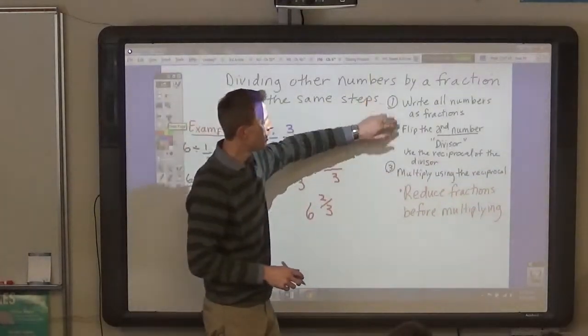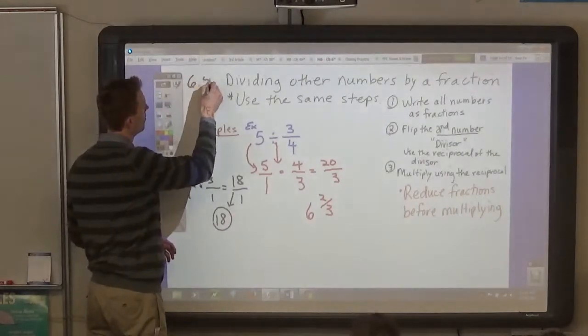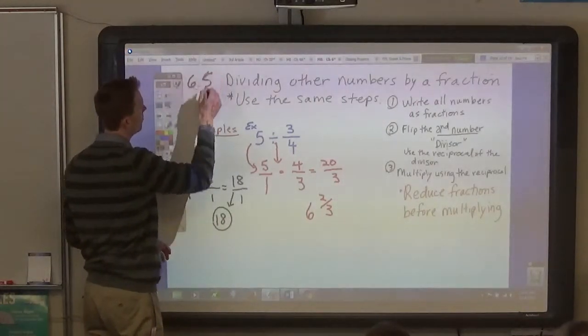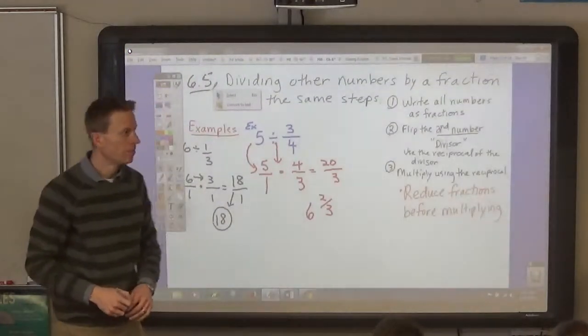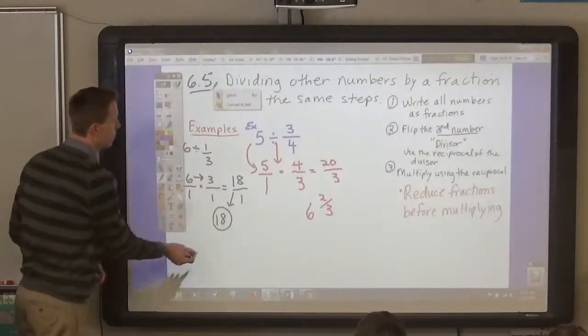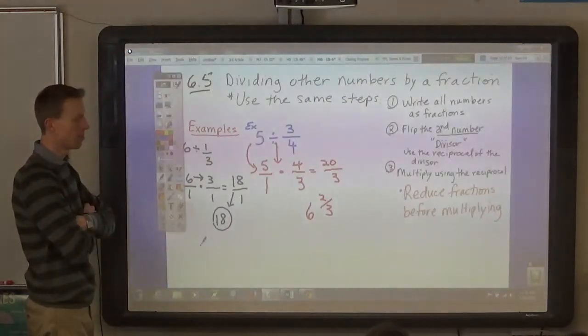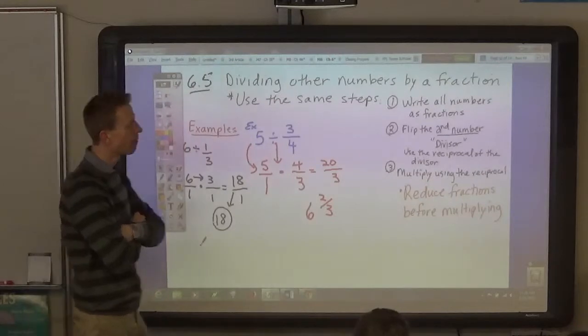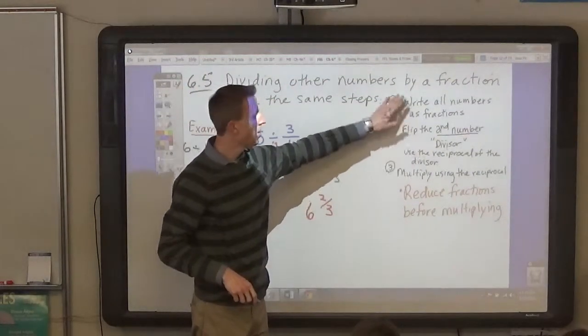Okay, write down this procedure. This is lesson 6.5. Dividing other numbers by fractions. Anytime you're dividing by fractions, you have to do all of these steps.